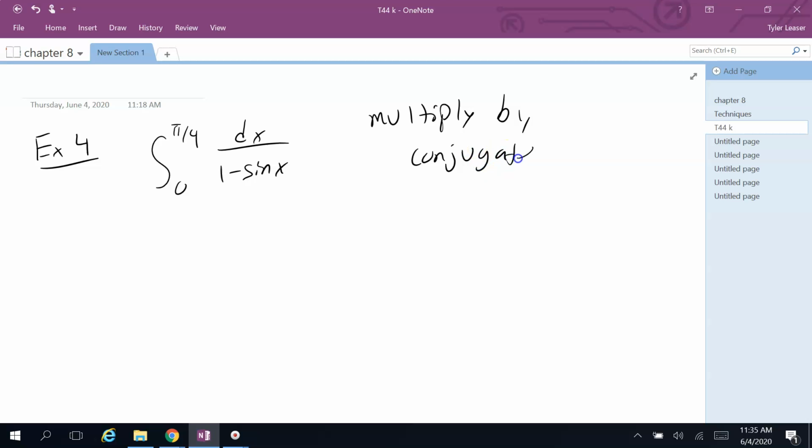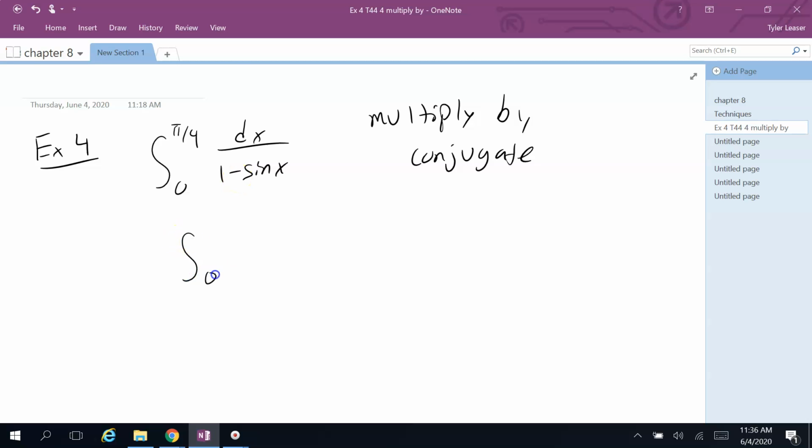You probably saw conjugate stuff back when you were doing complex numbers, but it works for other algebraic topics as well. Anytime you have 1 plus or minus sine, or 1 plus or minus cosine, or cosine plus or minus 1, you can multiply by the conjugate. The conjugate is just this factor here, but changing the sign on the inside.